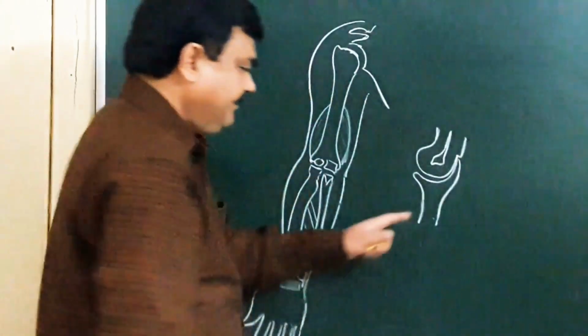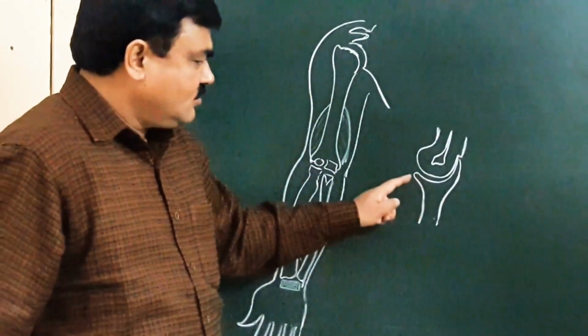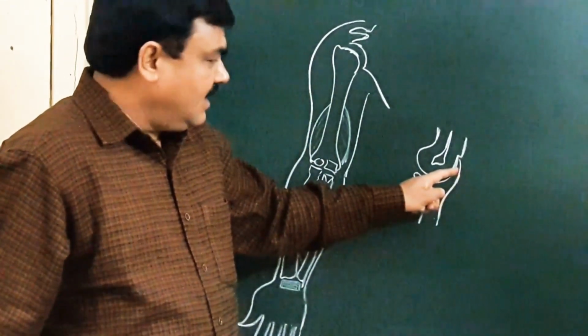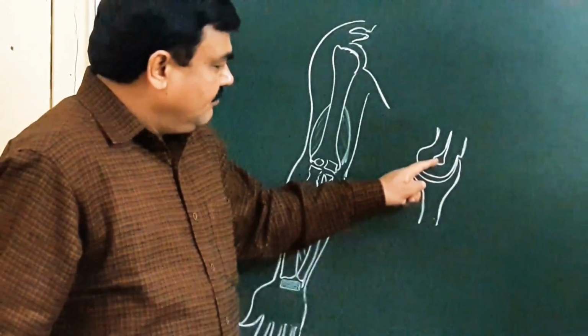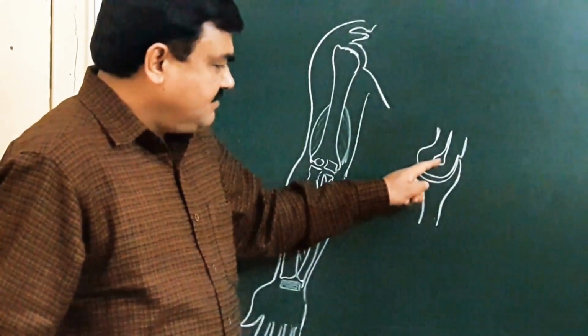This is the ulna. This is the coronoid process and the olecranon process of the ulna. This is the medial epicondyle.